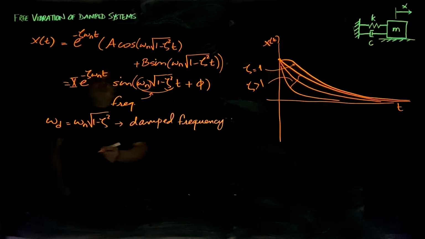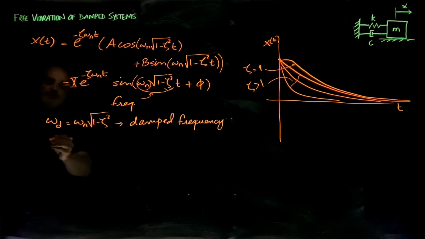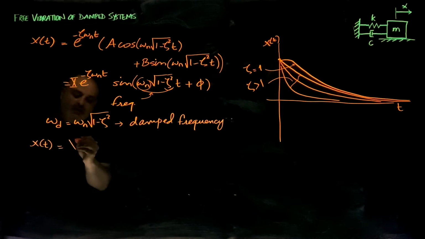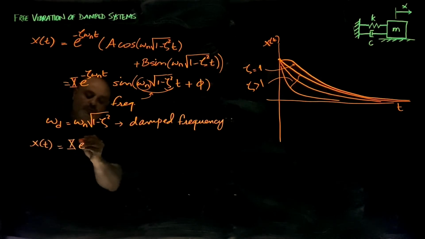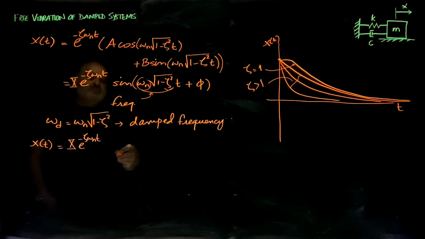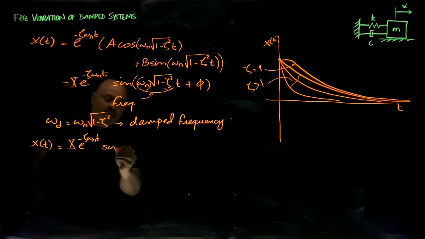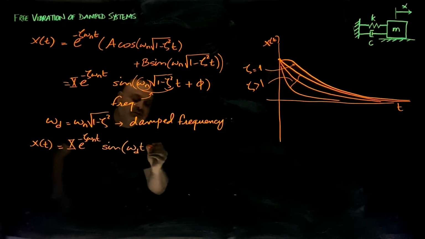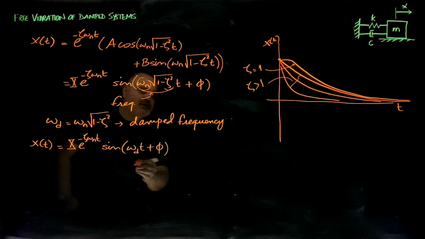Okay. So x of t can be simplified as x e to the power negative zeta omega n t, sine of omega d t plus phase angle phi.